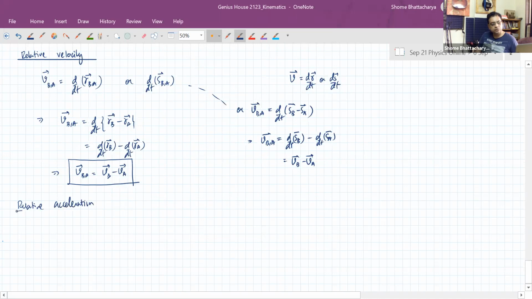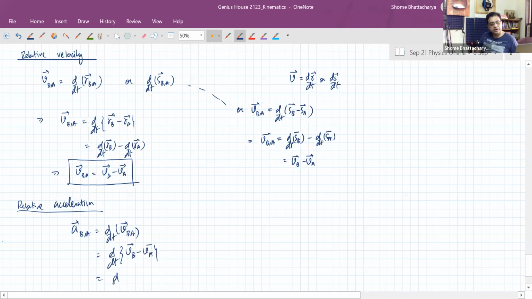and likewise, we'll do relative acceleration also. So this is the rate of change of relative velocity. So it becomes the instantaneous rate of change of the difference in their velocities.